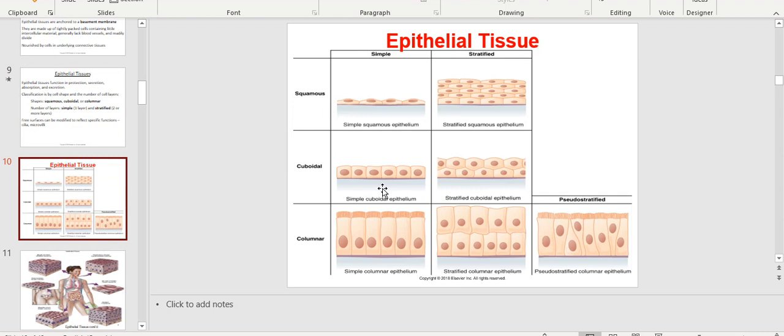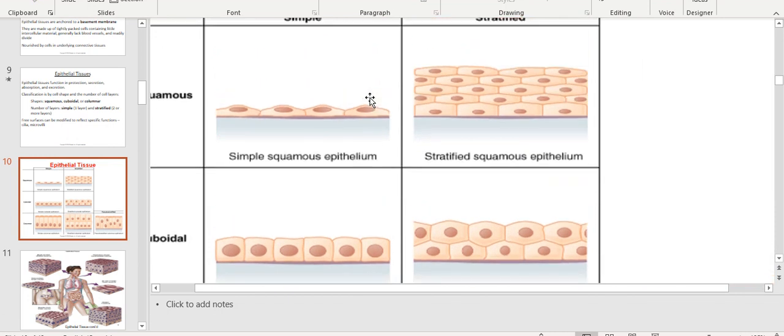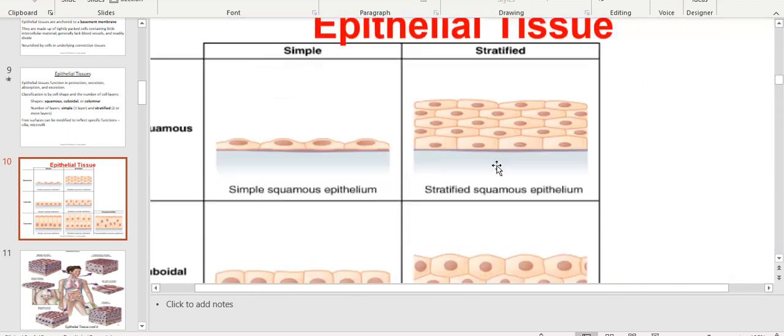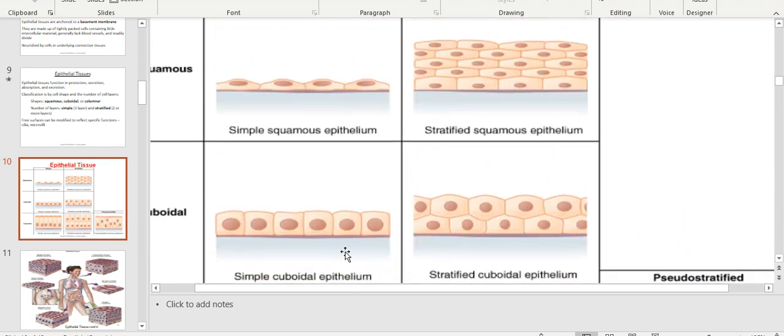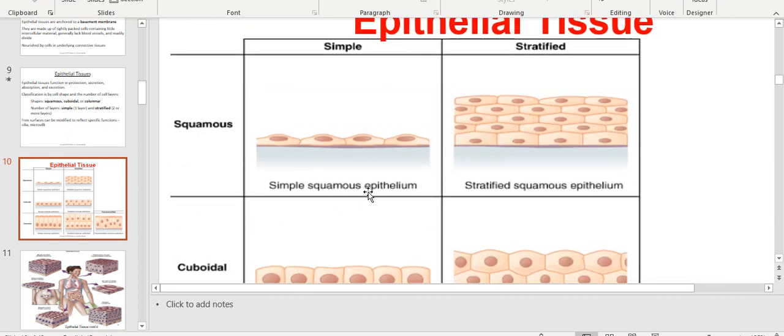You'll see squamous cells, they're kind of squashed. That's what they look like. This one here is all simple, and these here are all stratified. So we have simple squamous epithelium cells, and here we have stratified squamous epithelium.